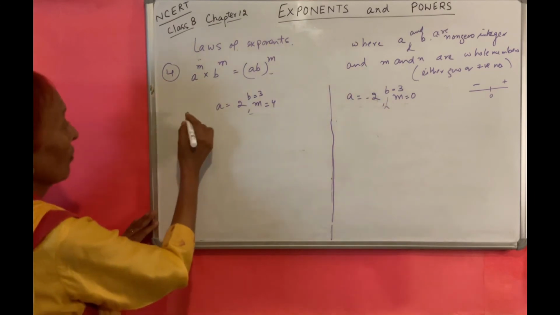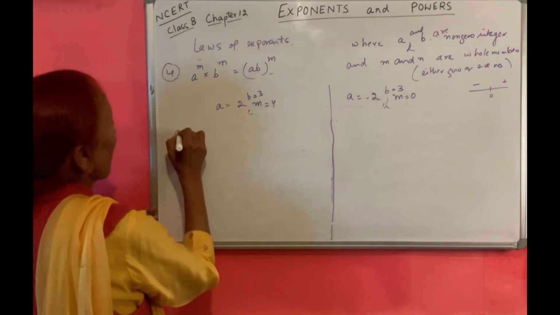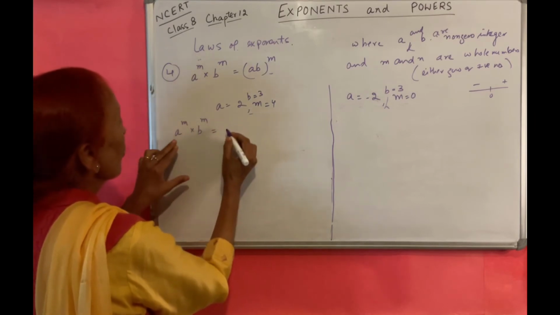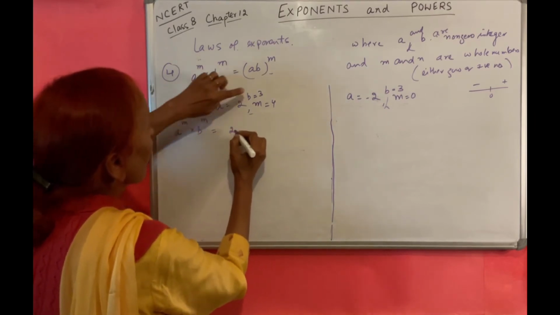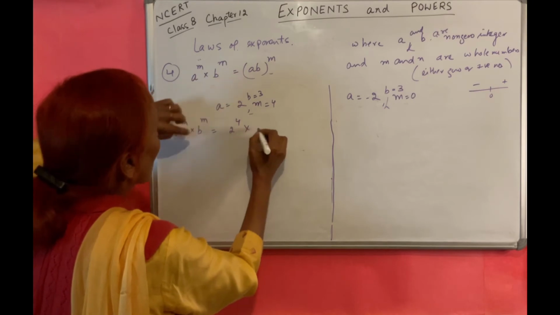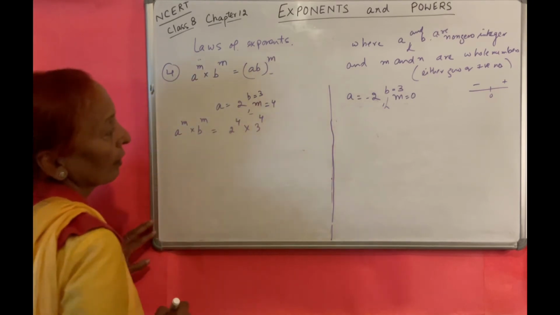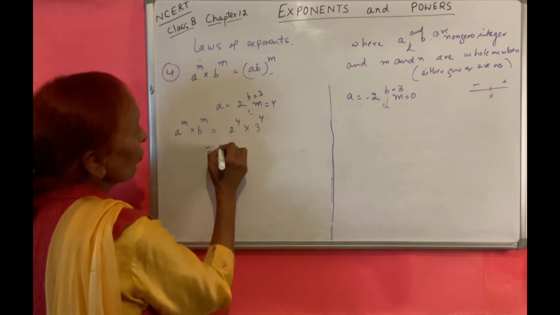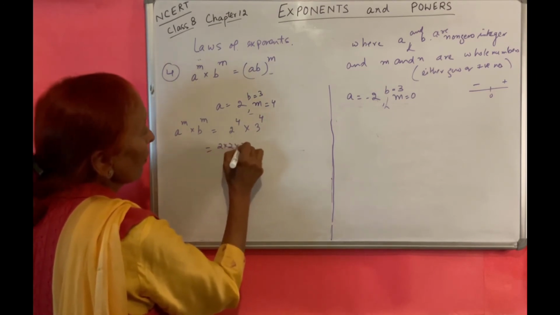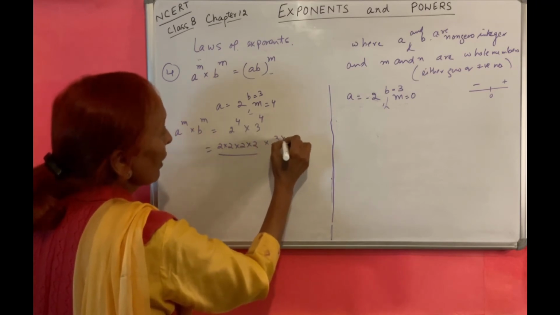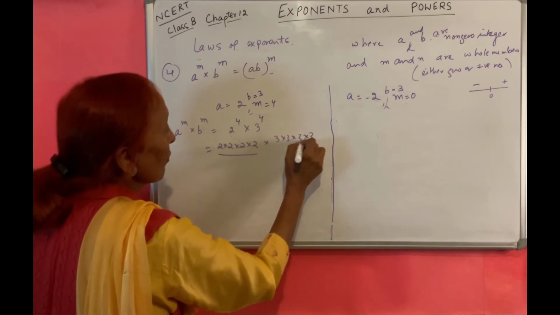Now first we will do for this: A raised to power m into B raised to power m equal to, what is A? 2, raised to power m is 4, into B is 3, m is 4. So this is 2 multiplied by itself 4 times, and this is 3 raised to power 4, 3 into 3 into 3, 4 times.